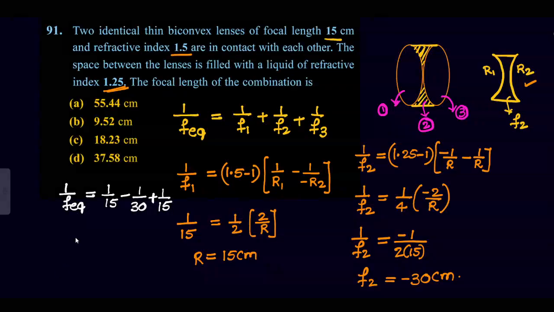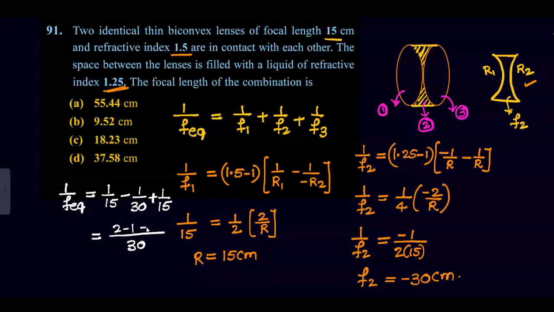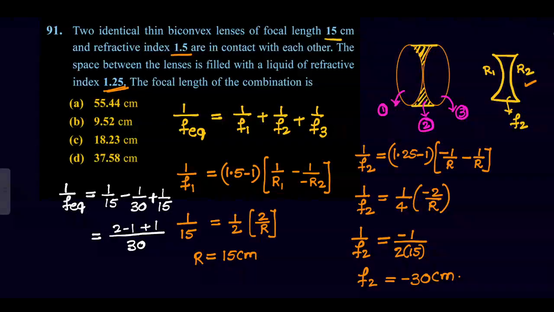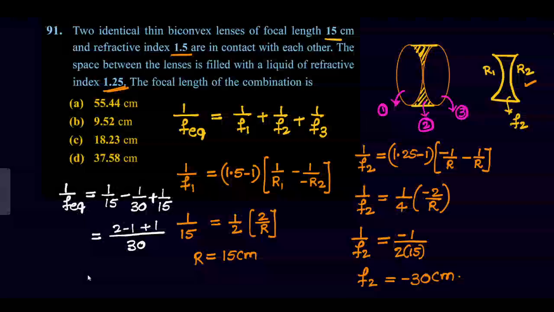Simplify, 30 is the LCM. So it comes as 2 minus 1 plus 2, which is 3 by 30.